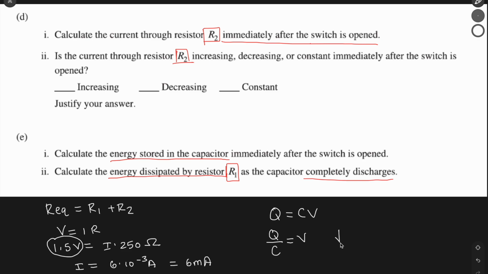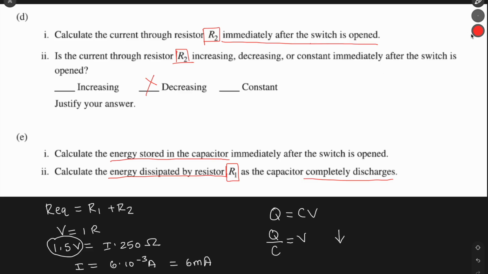So our voltage is going down, which means that our current has to be going down because our resistance isn't being changed. The sum of the voltage inside of the loop has to always add up to 0 by Kirchhoff's loop law. So as our voltage decreases as the capacitor discharges, our current must also be decreasing. That would be the reasoning.